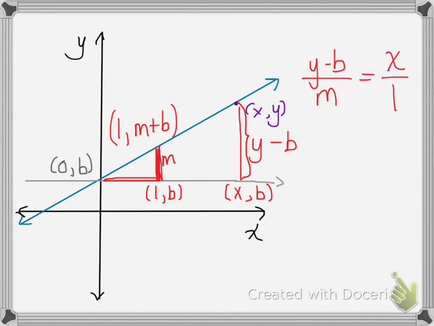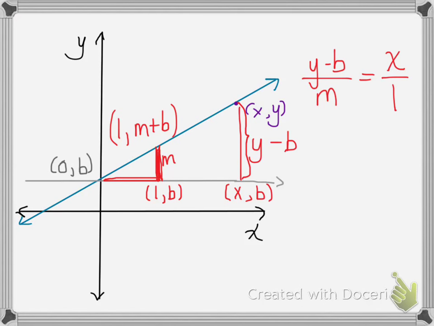All right, what we want to do here is solve for y. We want to get y equals some stuff over here. If we multiply both sides by m or cross multiply, we get the same result. So let's cross multiply.